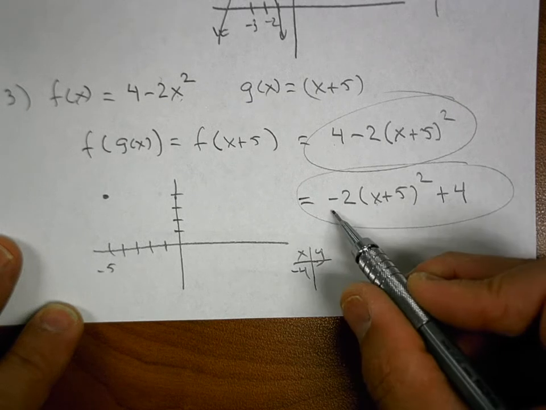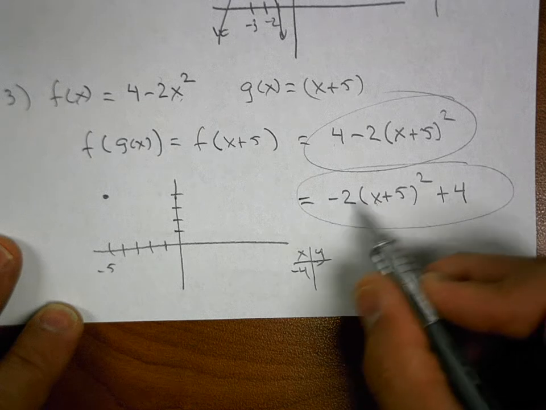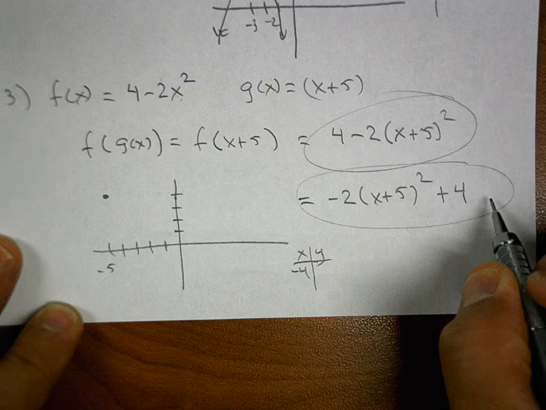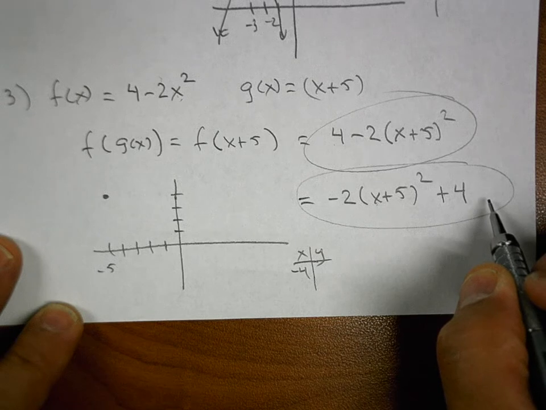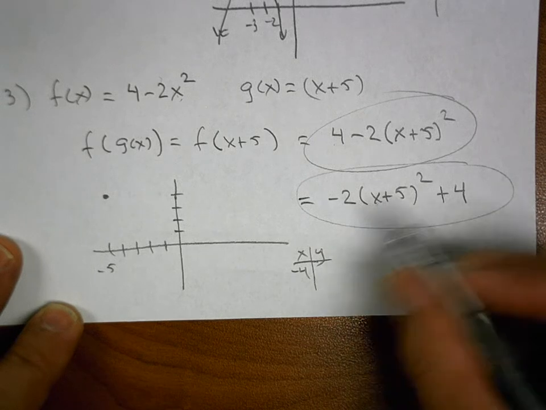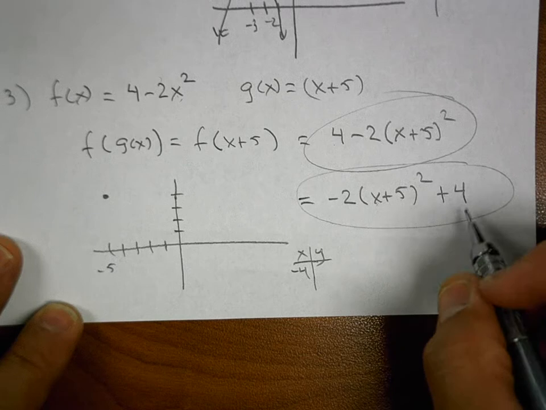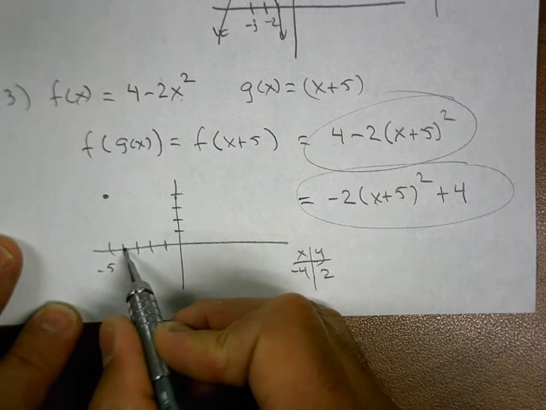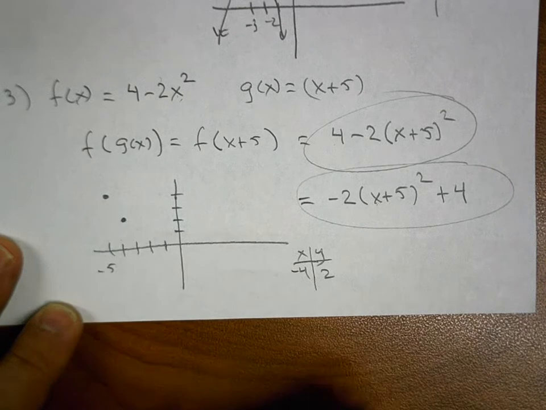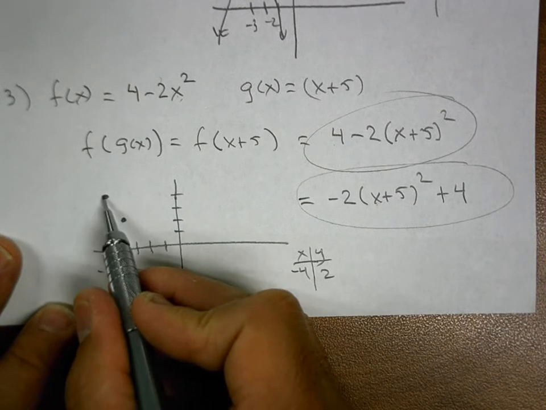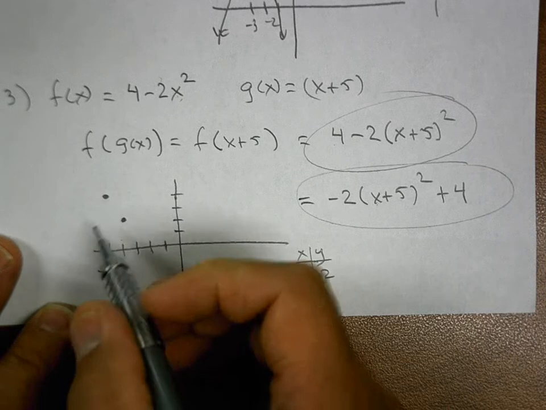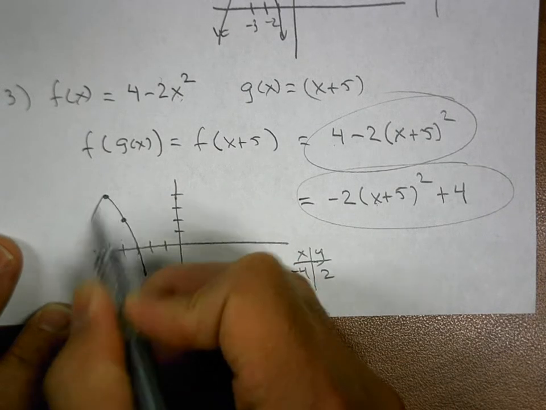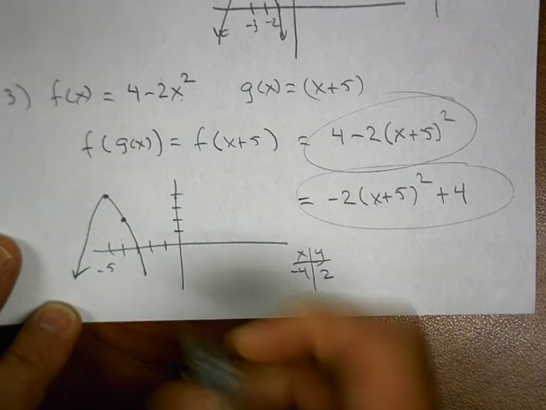Times negative 2 is negative 2. Negative 2 plus 4 is positive 2. So negative 4, 1, 2, there we go. So we shifted the vertex, and Sydney picked another point.